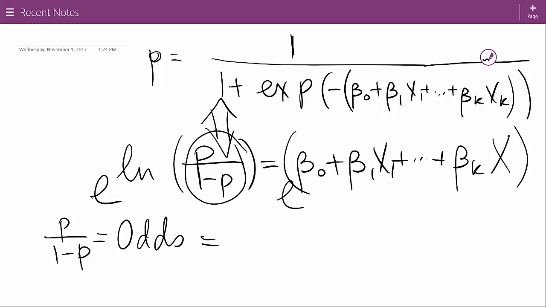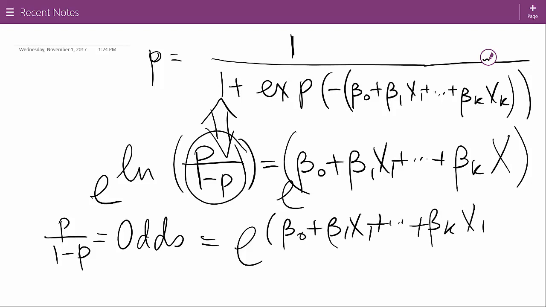And on the right, I'm going to have e to the power beta 0 plus beta 1 x1 plus beta k xk.